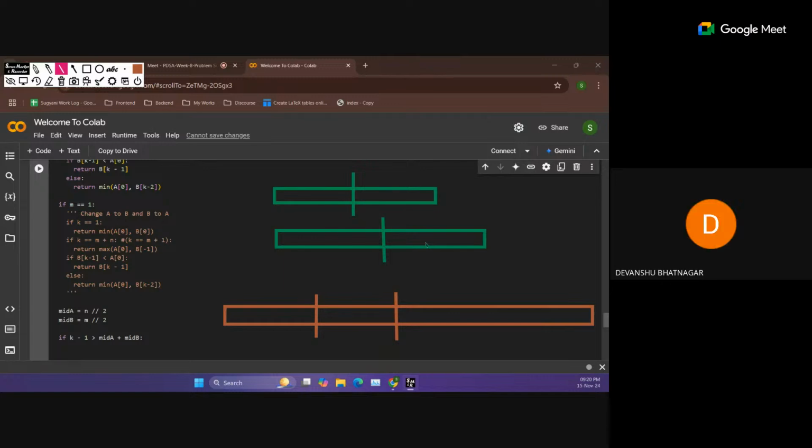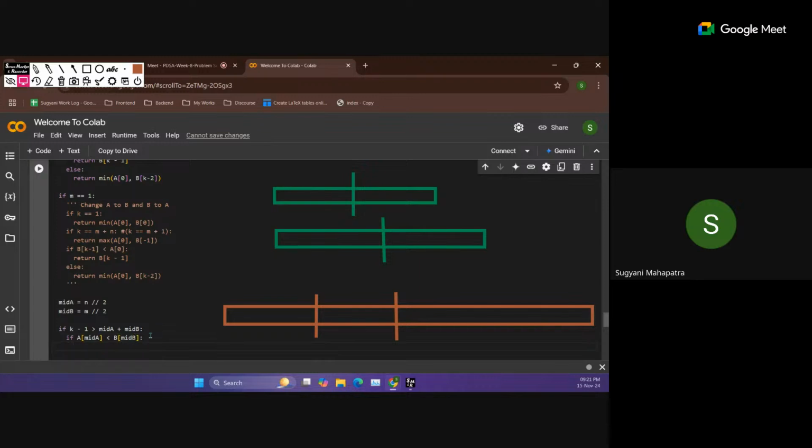Right of A and right of B. Right of A and right of B, I agree, but that is a little bit more complicated. We should also look into the values. If A of middle of A is less than B of middle of B, I'll just tell you what the conditions are and you can tell me which part you should look into.